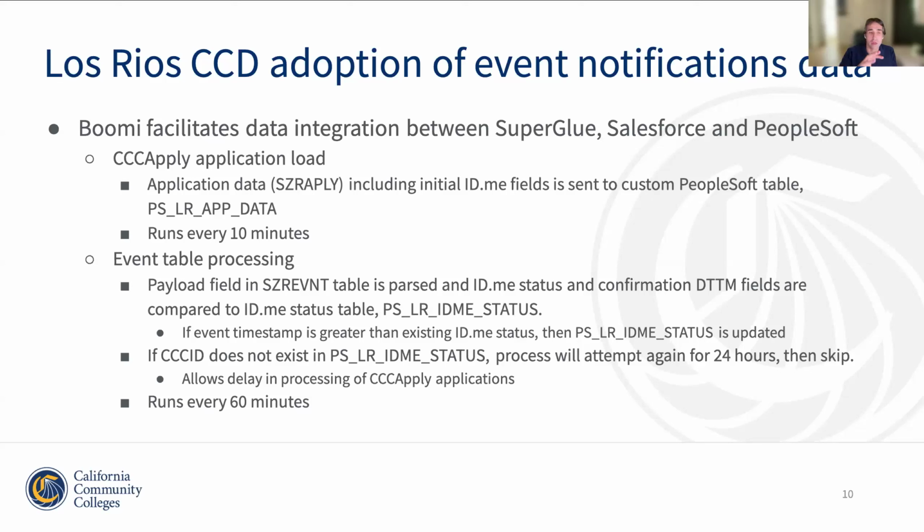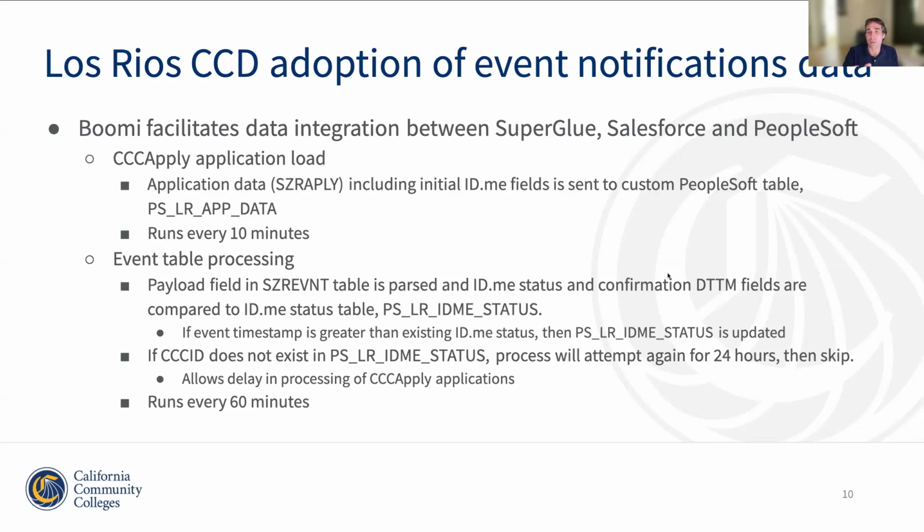Then we added a new Boomi process to look at the event table. It takes the payload, which is one field in the event table, containing all the previous and current values related to ID.me. We parse that.